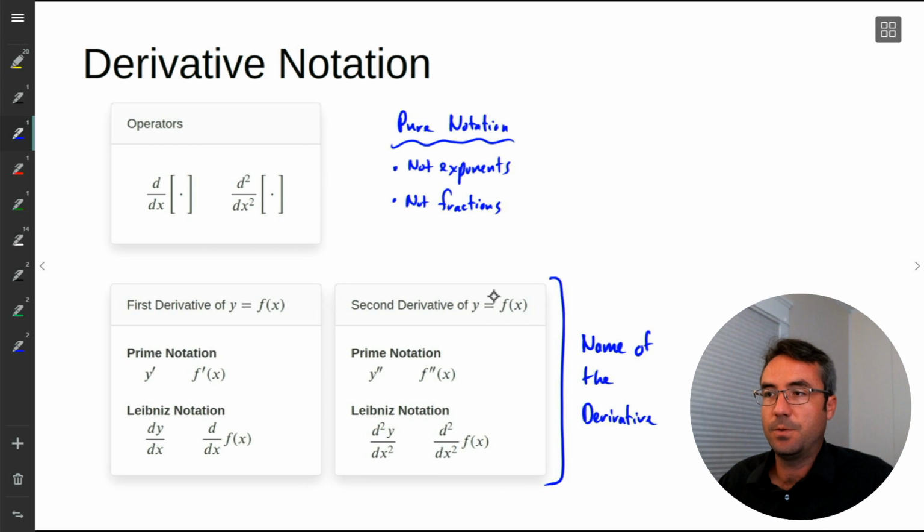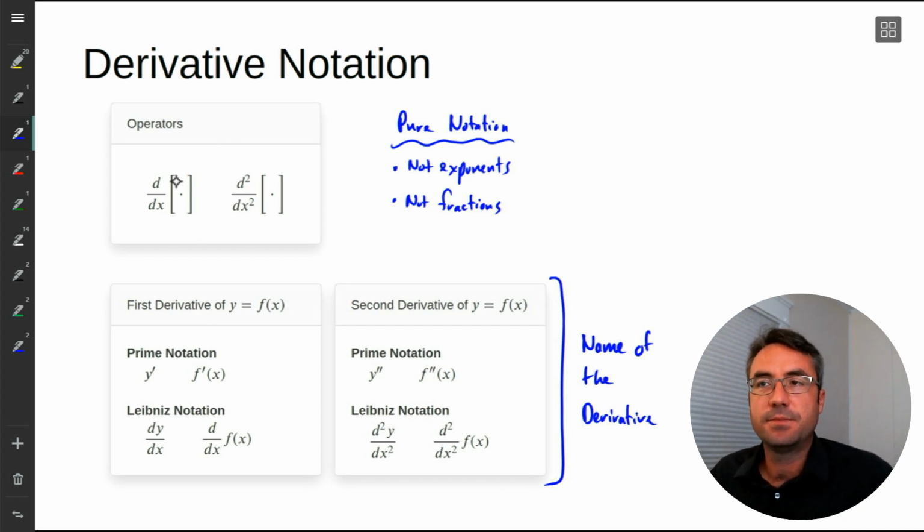If we have this function y equal to f of x, the name of the second derivative is y double prime, or the name of the first derivative is dy dx. It's just telling us the name of the derivative.